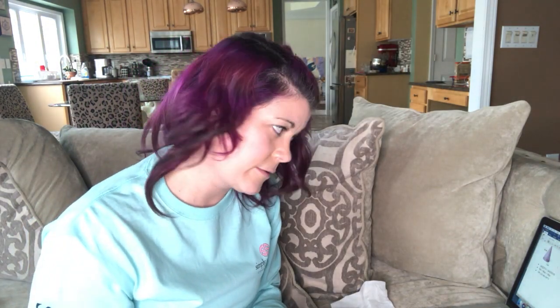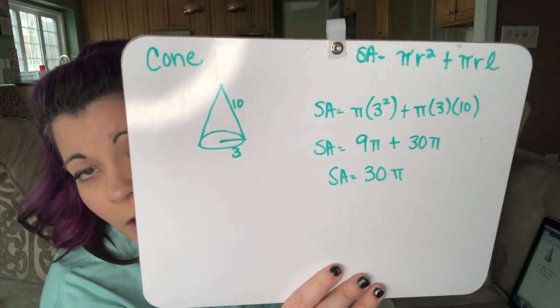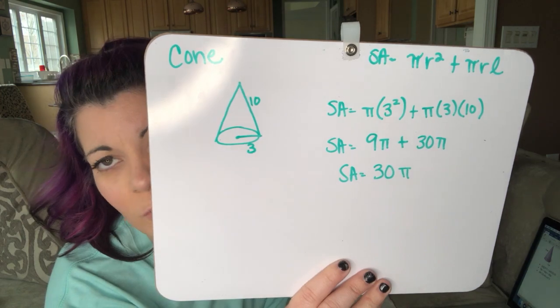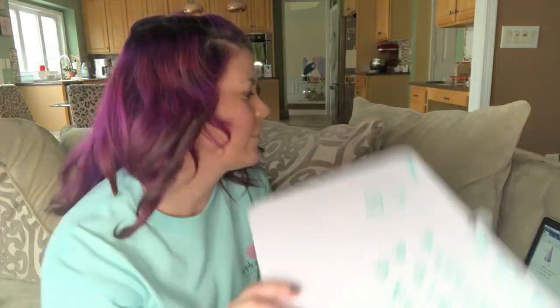So 9 plus 30 is 39 pi. But if your teacher wants you to find the decimal answer, then all you have to do is multiply by 3.14, and then you get 122.46 centimeters squared.